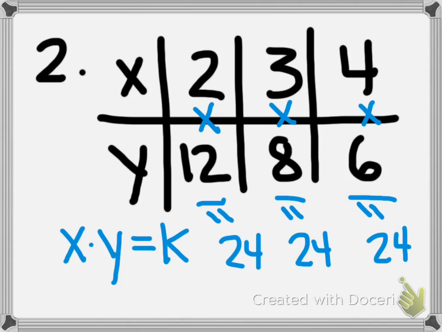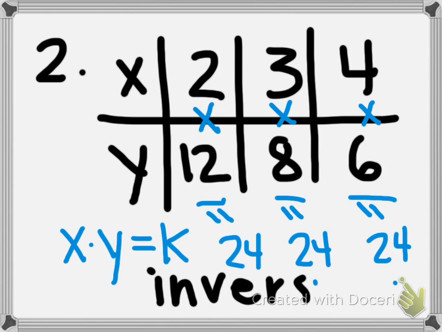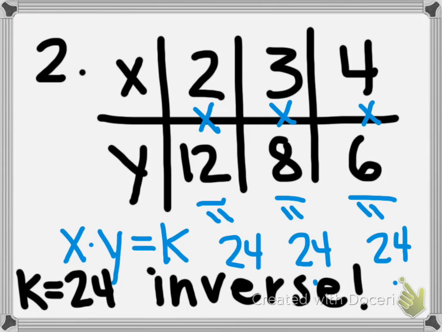Wow! 24, 24, 24. If all the numbers are the same, then it is inverse variation. So you'll write that down as your answer, and then tell me what the constant is. The constant, k, equals 24.